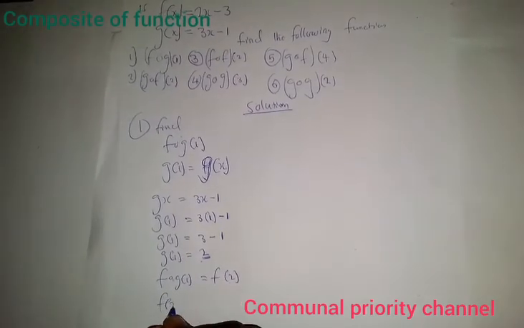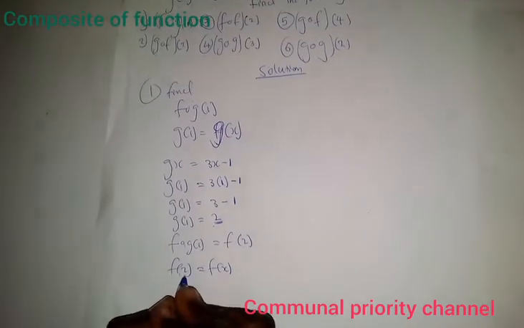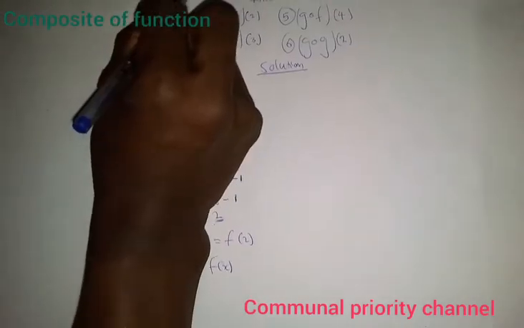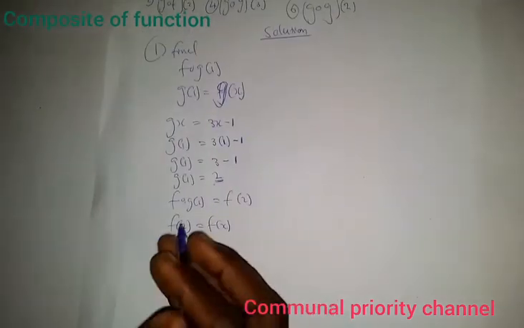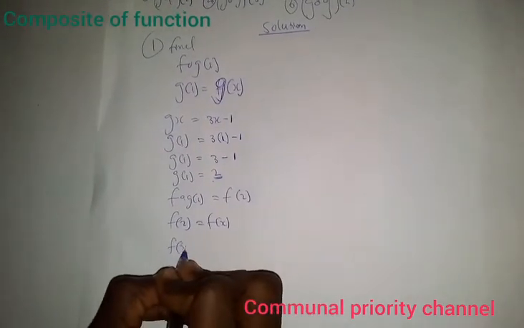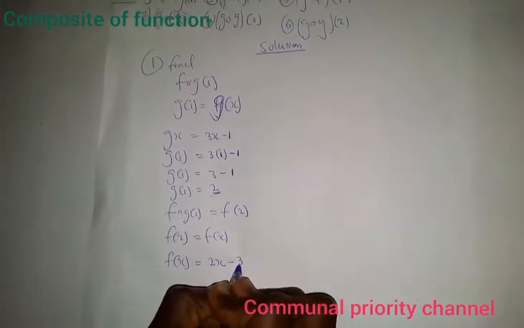And our f of 2 comes from f of x, and our f of x is equal to 2x minus 3.